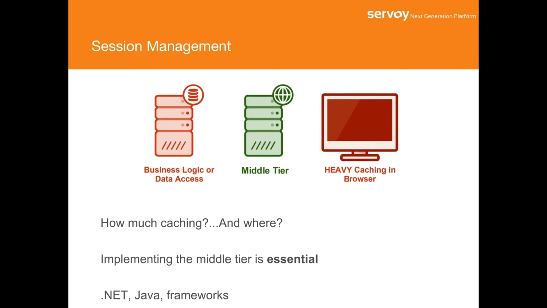Caching in the middle tier should be tracking the user, the session, where they are in navigation, what they're doing, even down to mirroring some of what could be going on in the UI, knowing what field they're on. And then the business logic and data access layer, for the most part, remain mostly stateless. We've seen that kind of setup leads to the best UX, or the possibilities for the best UX.